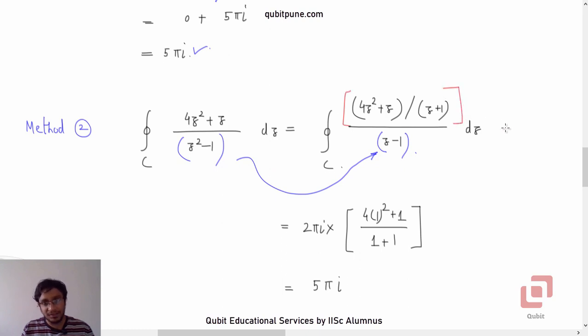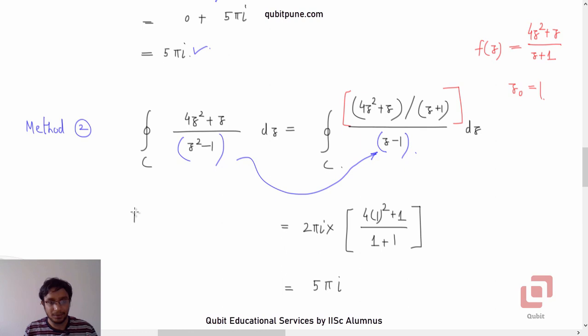So z0 still remains 1, but f of z changes from 4z squared plus z to (4z squared plus z) upon (z plus 1). Now our job is to substitute z equal to z0, which is 1, in the function f of z and apply the Cauchy's integral formula.